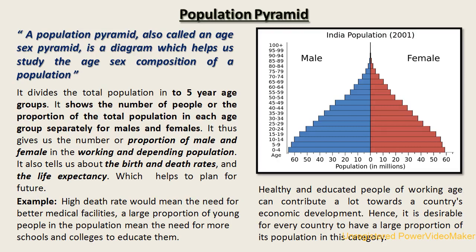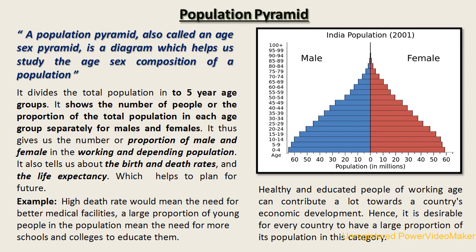Okay, so we are going to look at the definition of population pyramid. Population pyramid, also called age-sex pyramid, is a diagram which helps us study the age-sex composition of the population. You can find the age categories, and the male and female categories. So we can say that it is an age-sex pyramid. It divides the total population into 5-year age categories.